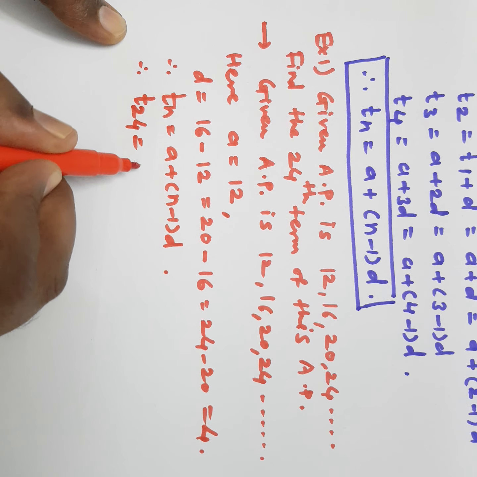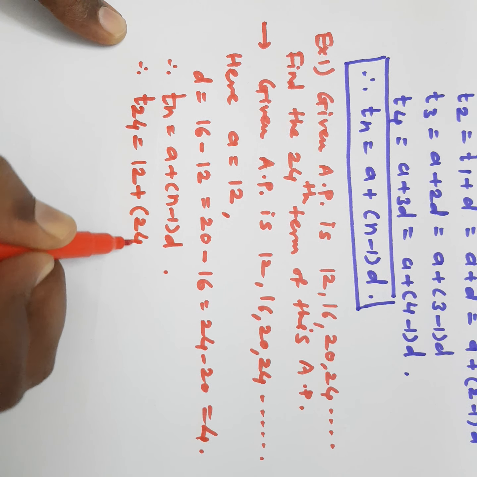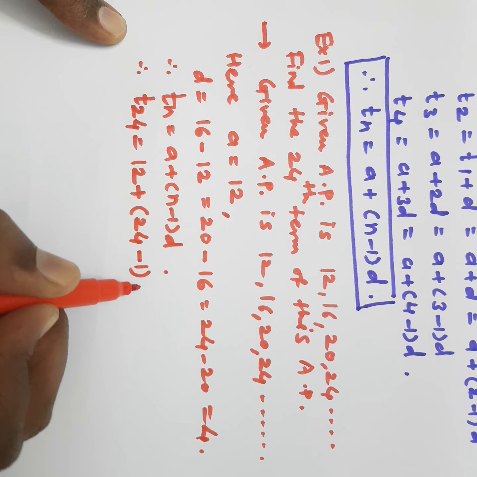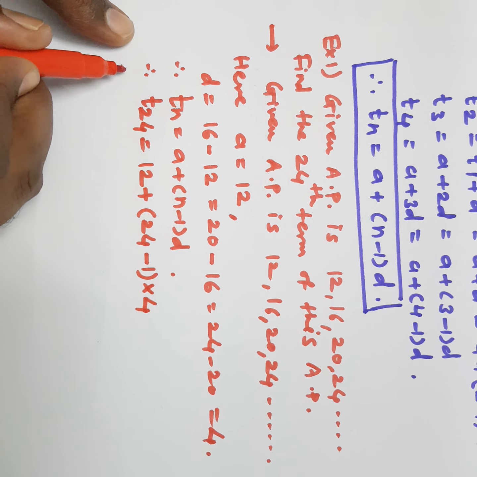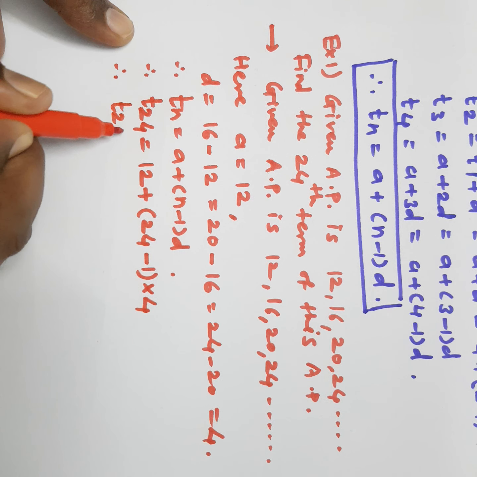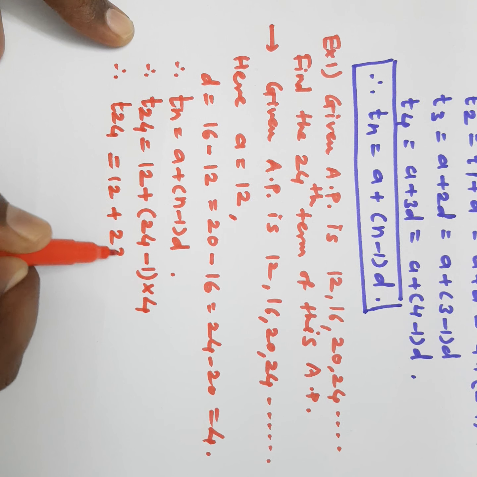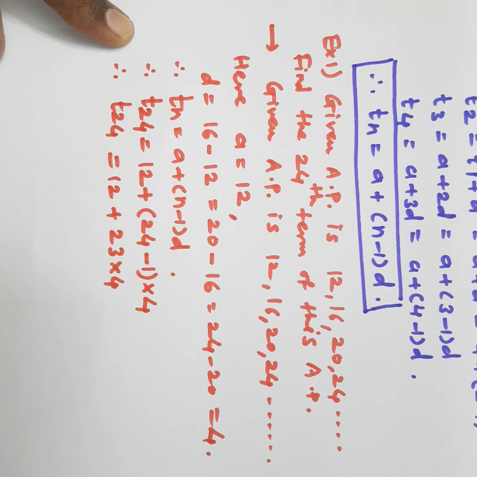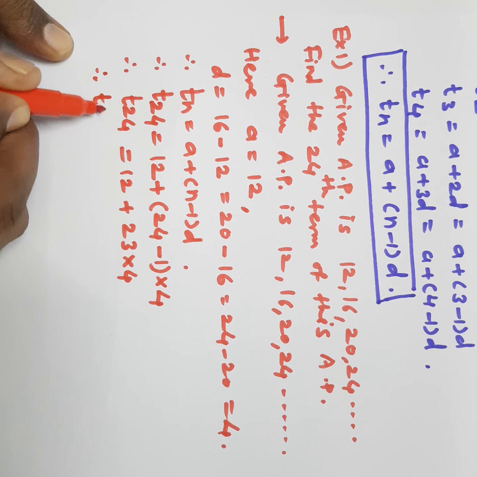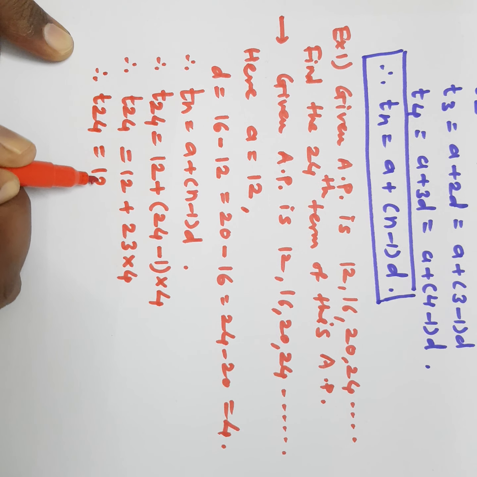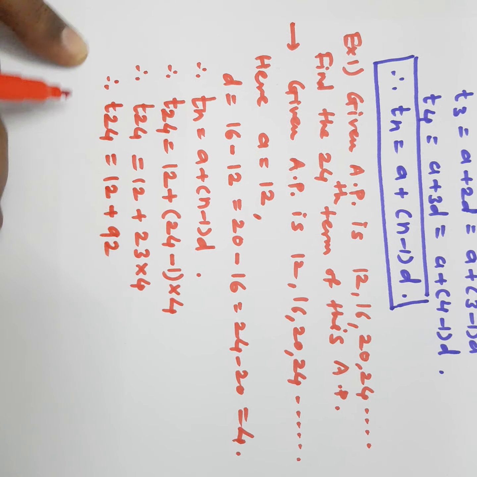T24 is equal to 12 plus (24 minus 1) into 4. Therefore, T24 is equal to 12 plus 23 into 4, that is 92.